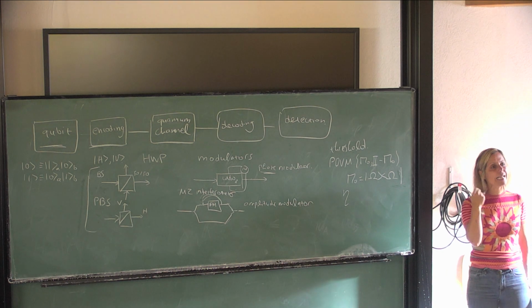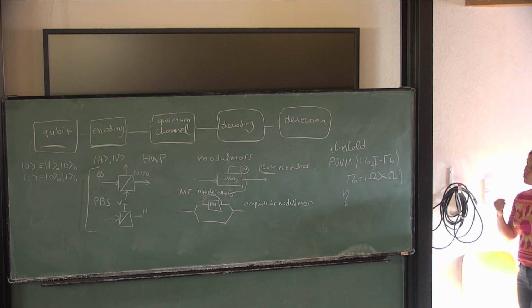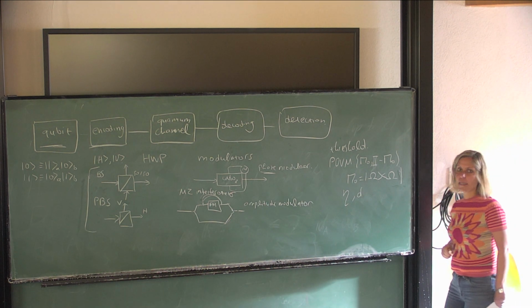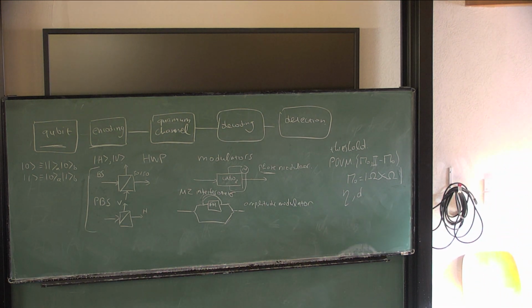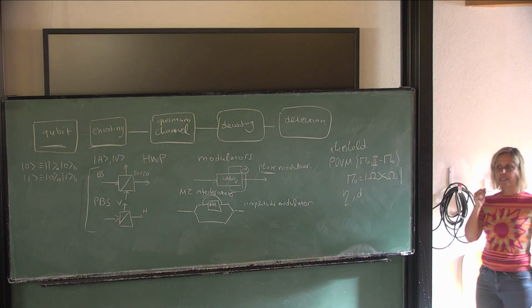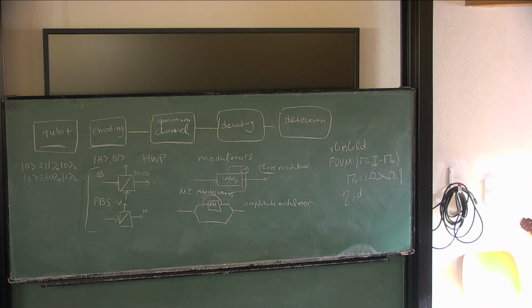We're going to see the physics behind single photon detectors later, so you will see what this means. And then the dark count rate, the dark count D, which means the false positive events, when we have a count in our detector despite the fact that there has not been a signal photon that hit the device.